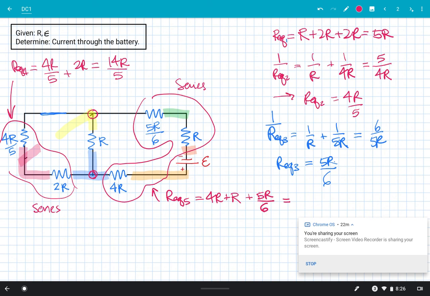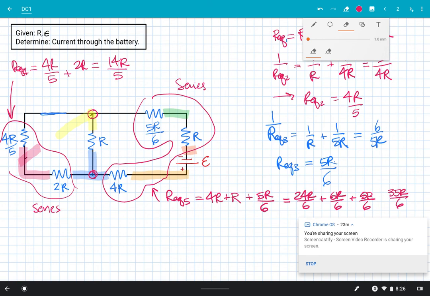So that'll be 24. This is different from what I did in my written solution, so I'm just going to do this on the fly. 24R over 6 plus 6R over 6 plus 5R over 6, that's 35R over 6. Okay, that's going to replace the 3 in series that are on the right. So I'm going to take a moment.